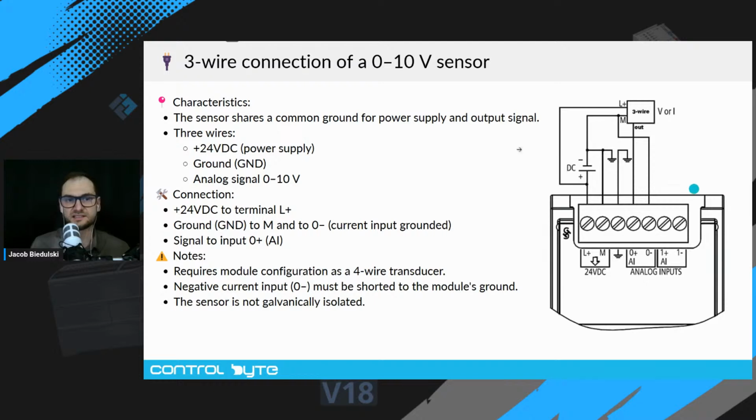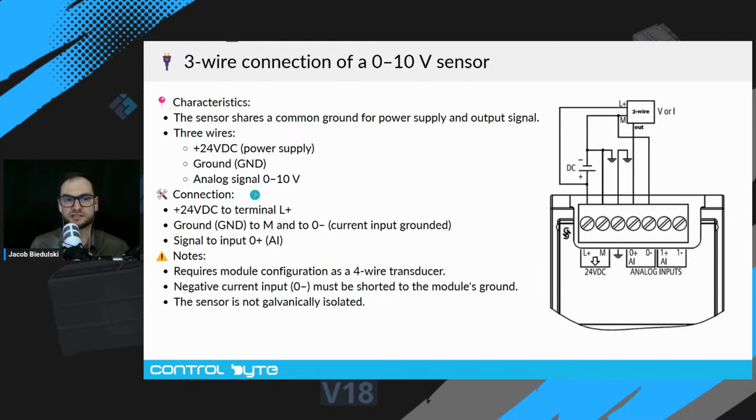Okay, let's sum up. If we want to wire a 0 to 10 volts signal with a 3-wire connection, the sensor shares a common ground for power supply and output signal. There are 3 wires: plus 24 volts power supply, ground, and analog signal 0 to 10 volts.